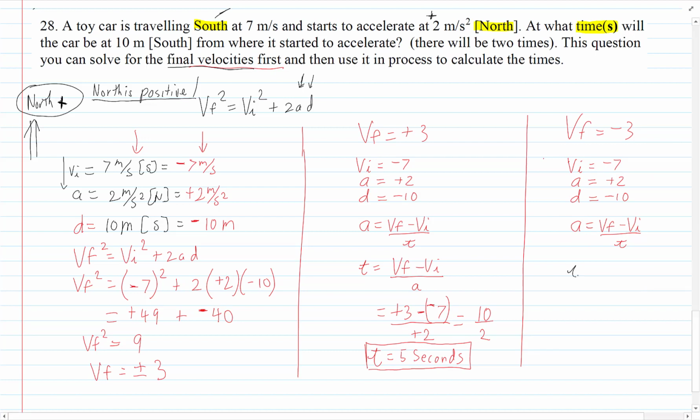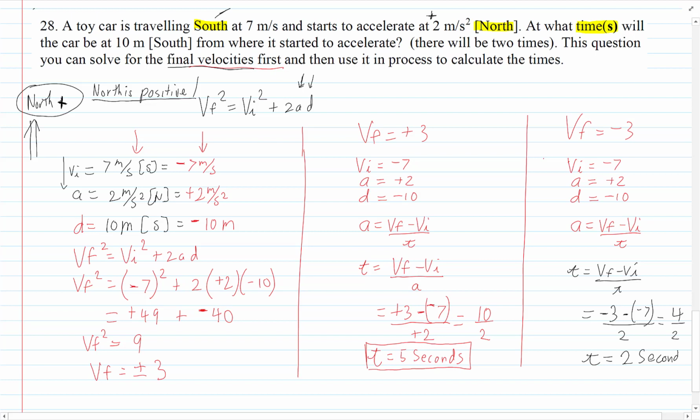Time is equal to VF minus VI all over A. Negative 3 minus a negative 7 all over 2. And what's that going to equal? That's going to be negative 3 plus 7 is going to be 4 over 2. So the time is going to equal 2 seconds.